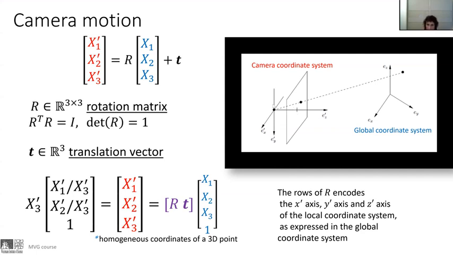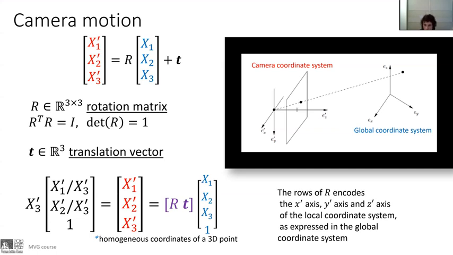You see, what is the operation here? Take R and multiply by a vector. What does it mean? It means that you take every row in R and you multiply it by the vector, and you get new values of the local coordinate system.